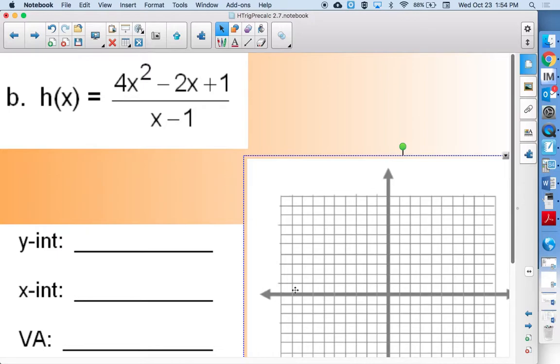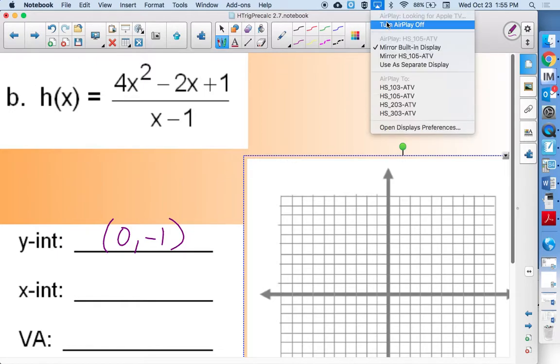So you should get 0, -1 for your y-intercept.